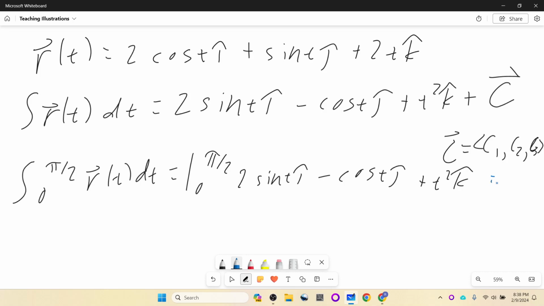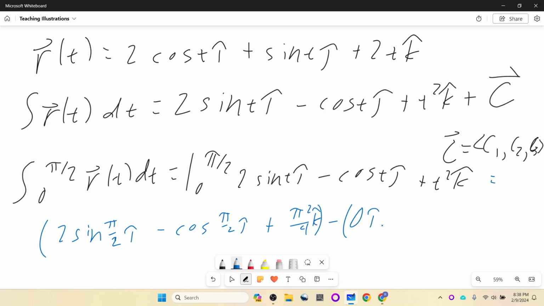So we will plug in pi halves: 2 sine pi halves i minus cosine pi halves j plus pi squared over 4 k, minus sine of 0 is 0, cosine of 0 is 1, t squared, 0 squared is 0.